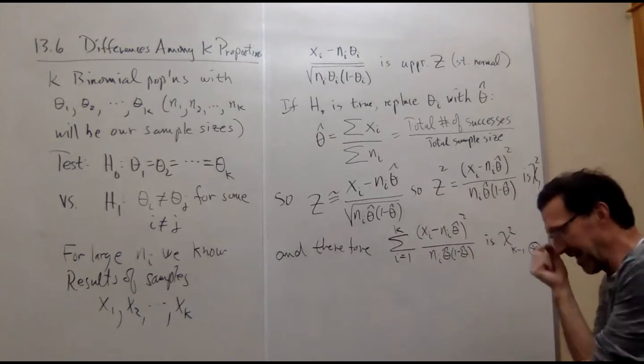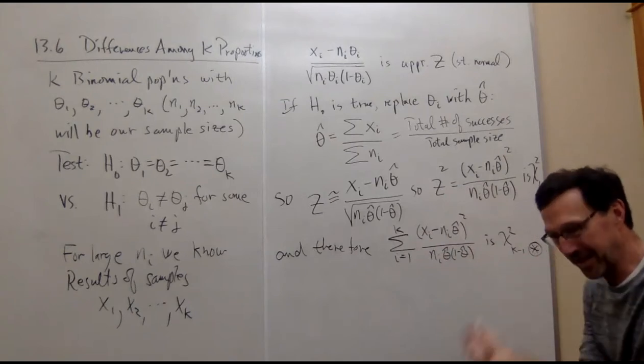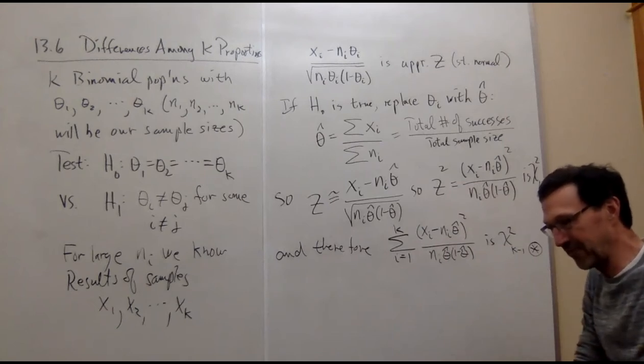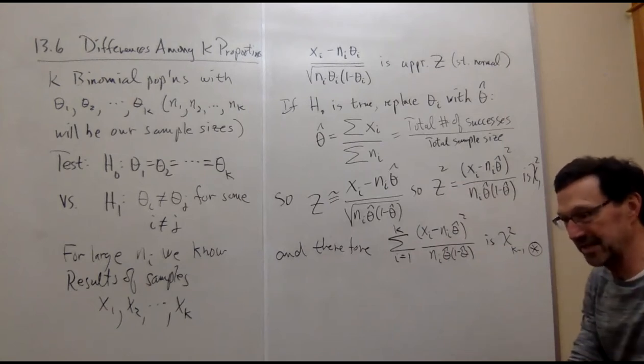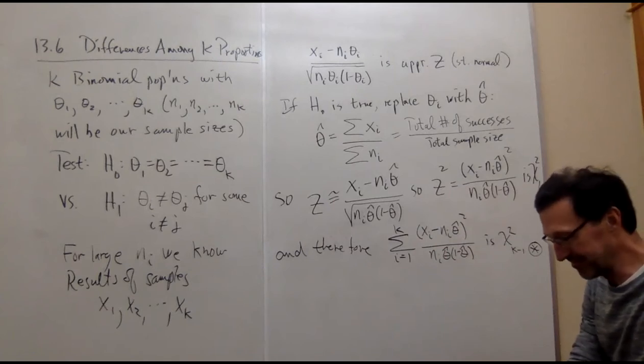Now, there's one technicality here, and unfortunately, this is complicated. The authors refer you to references at the end of the chapter if you want to dig into why this is true.